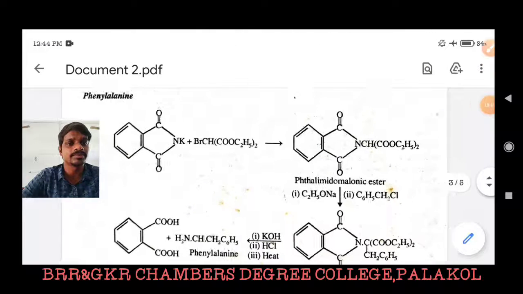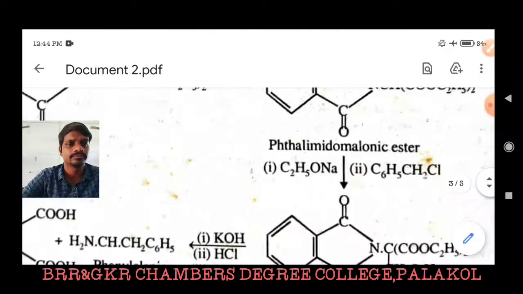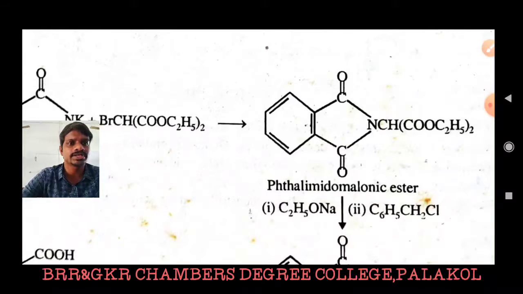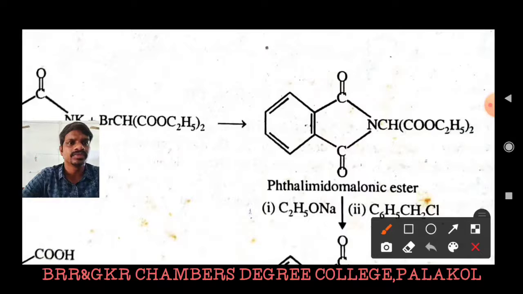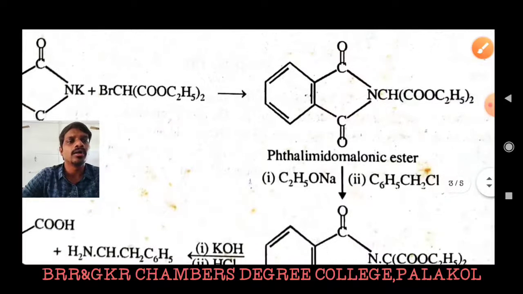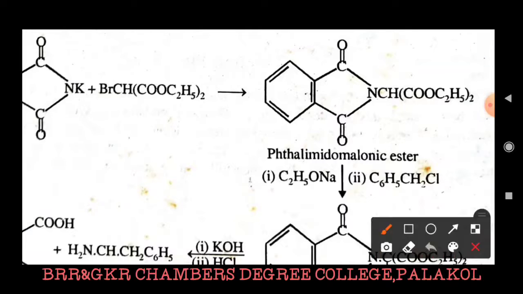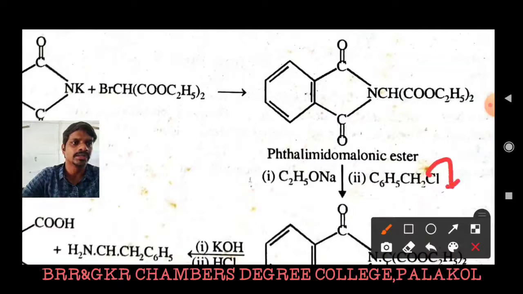The base abstracts the proton from this carbon atom, and the carbon gets negatively charged. Now it is reacted with benzyl chloride, so the chlorine is a leaving group and the carbon gets positive charge, and the positively charged carbon reacts with the negatively charged carbon.